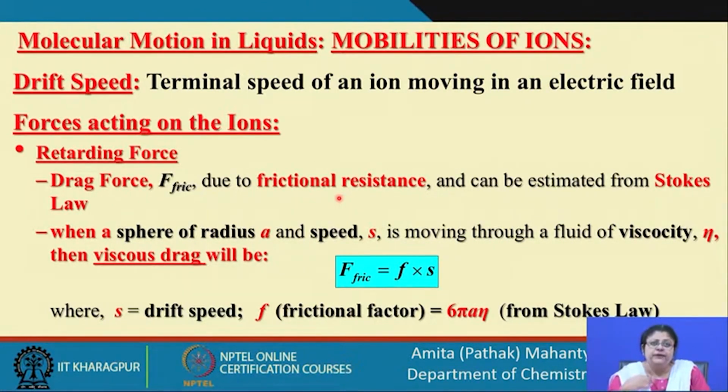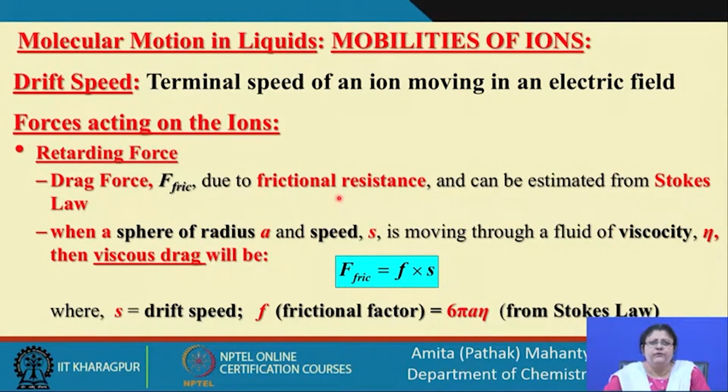Okay. If you remember your Stokes law, it also had a similar expression where you reach the terminal velocity when a particle or a molecule or any object is moving in the solution, where the frictional force and the driving force are balanced, and then you reach a terminal velocity.